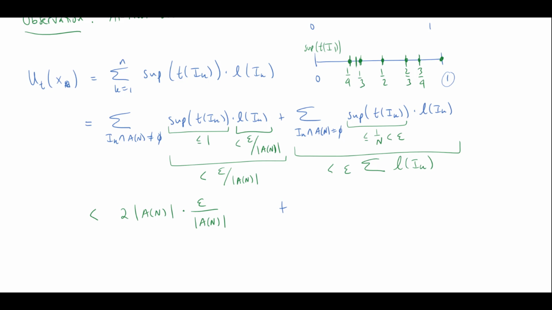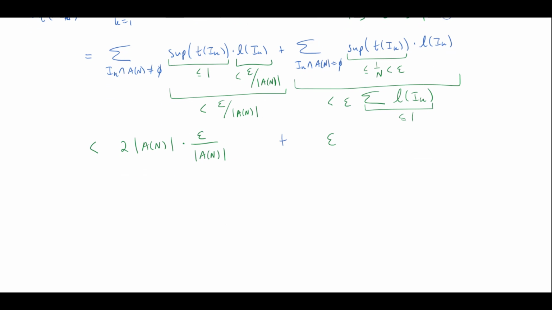Well, what's the absolute worst thing I could get if I added up all the lengths of all the intervals? That would just be 1. This is less than or equal to 1. And so this piece is less than epsilon. So I get an epsilon here.